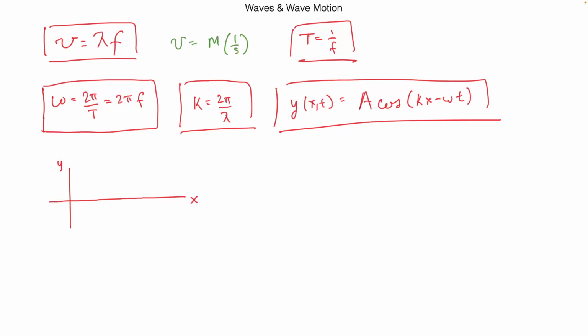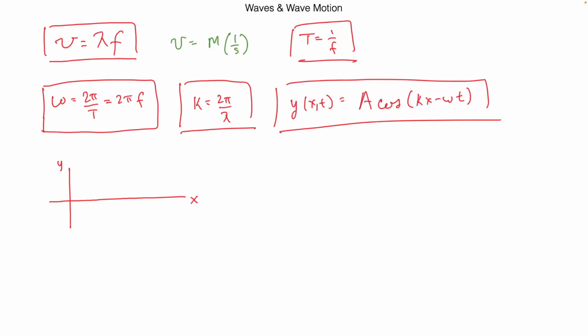Because you take an inverse meter times a meter, and what do you get? Nothing. And then you take a radian per second times a second, what do you get? Nothing. And so what do you want the arguments of this thing to be? Nothing or radians, which is nothing. Because you can't do sine or cosine functions unless it's a radian or a degree. We don't do degrees, we do radians.